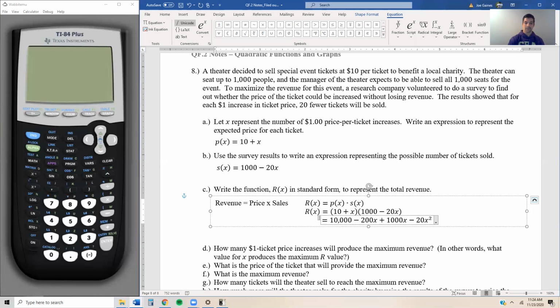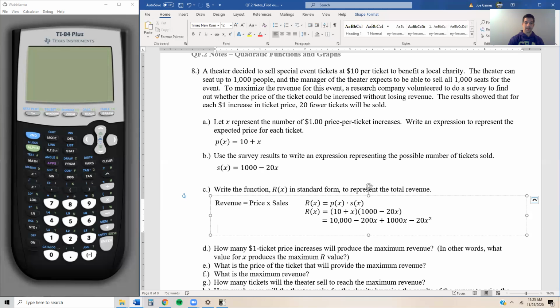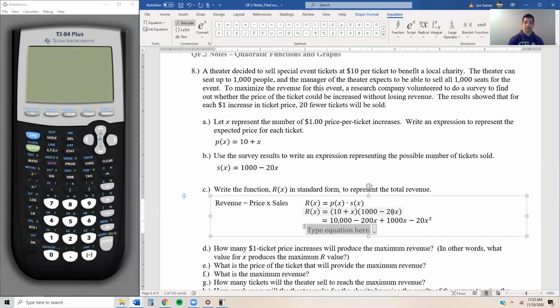So for my equation, we're not going to factor anything. We're just going to go ahead and write it in standard form. My equation for revenue is now equal to, I'm going to put it in standard form, so x squared comes first, negative 20x squared. I'm going to combine my 1,000x with my negative 200x to give me plus 800x.